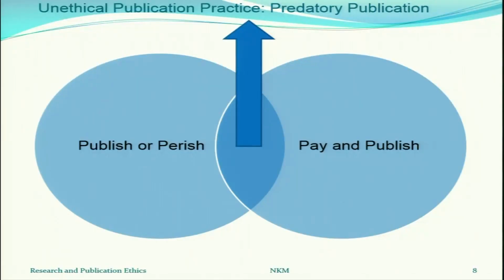So let's try to understand what kind of trends in research development, precisely in publication practices, and what are the causes which are very responsible, and which gave the chance for these predatory publishers to stand strong in the research community.